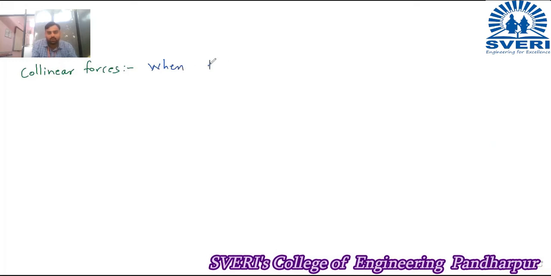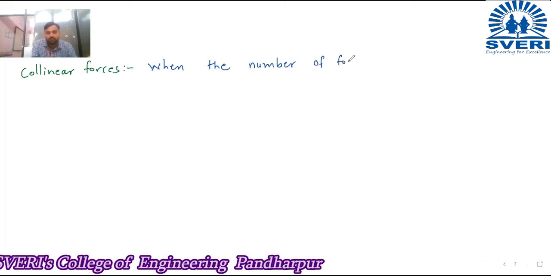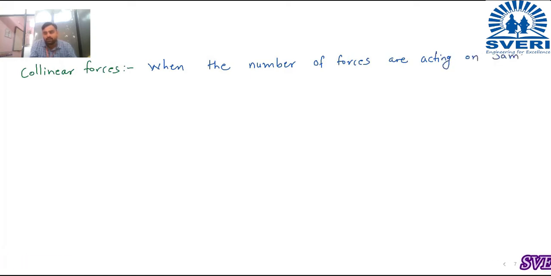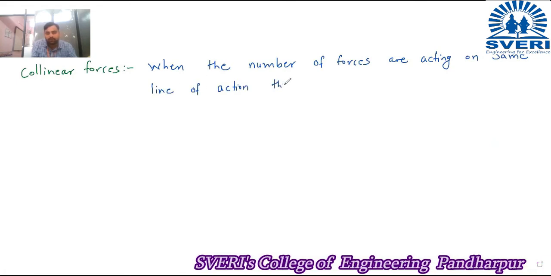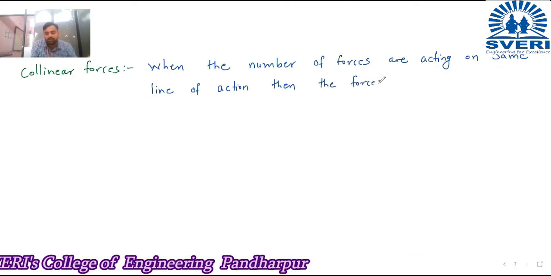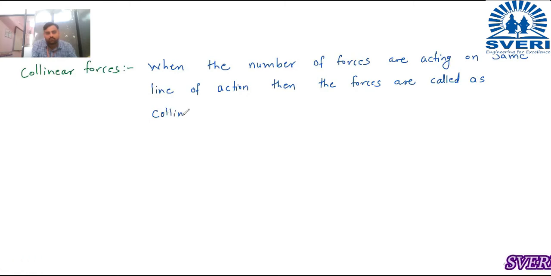When the number of forces are acting on the same line of action, then the forces are called as collinear forces.